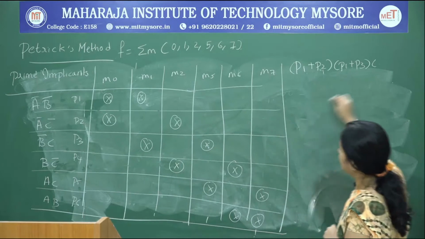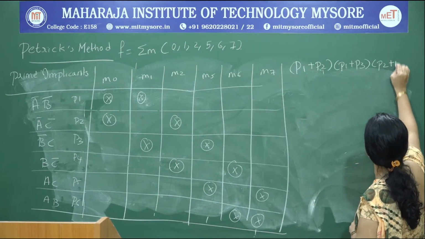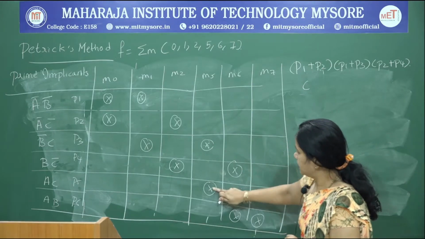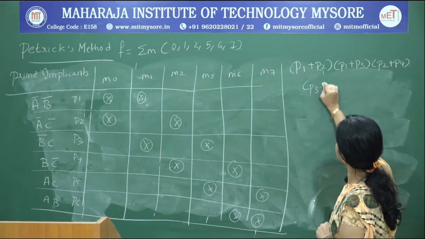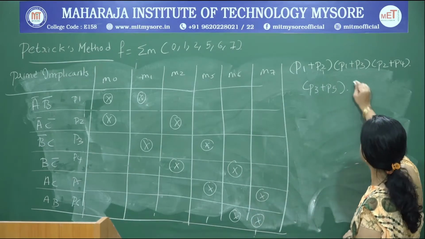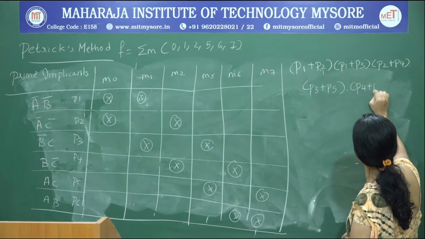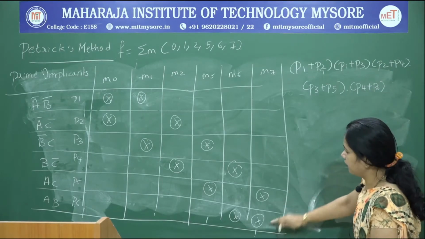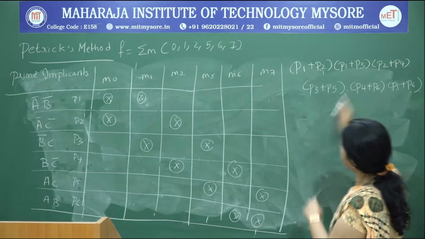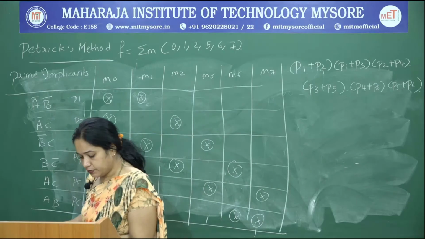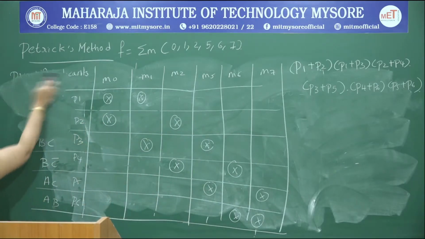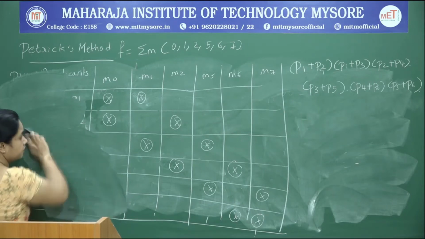Here we have P2 plus P4. Next we have P3 plus P5. Next we have P4 plus P6. And finally we have P5 plus P6. Now we will try to simplify this using the distributive law and uniting theorem so that we end up getting all possible solutions.